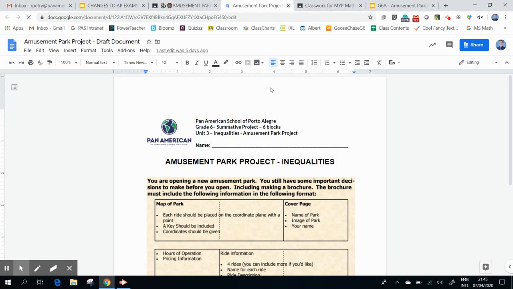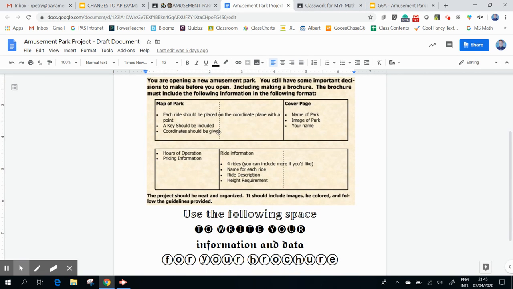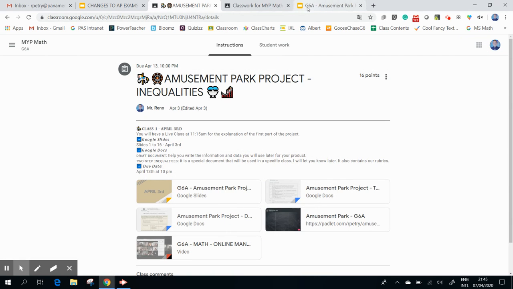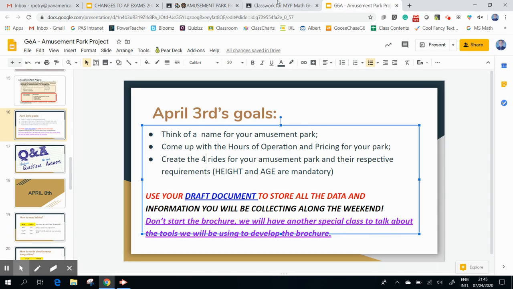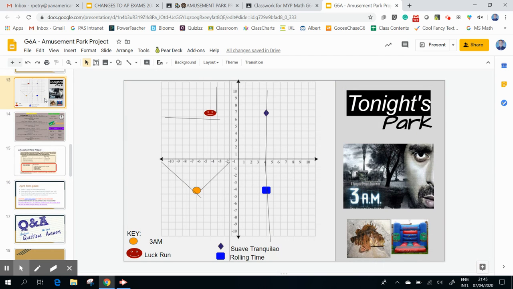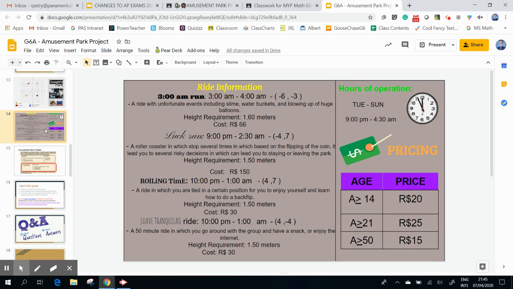So remember, our final product is a brochure of a park that you're creating. Some people didn't finish, which means you're going to have a little bit more work today, okay? So after I showed you the exemplar from a friend from 2 years ago, I would like to remind you some of our requirements, okay?